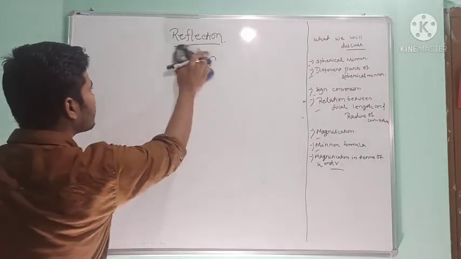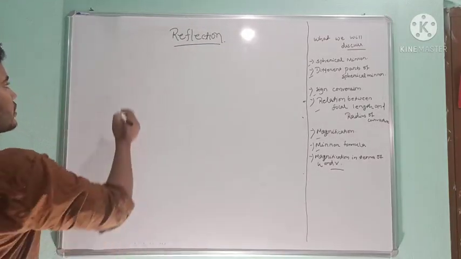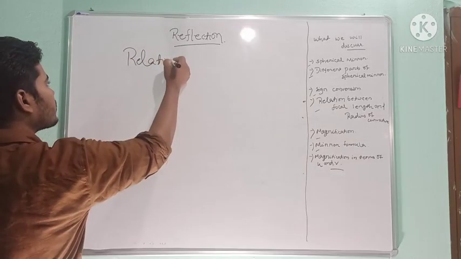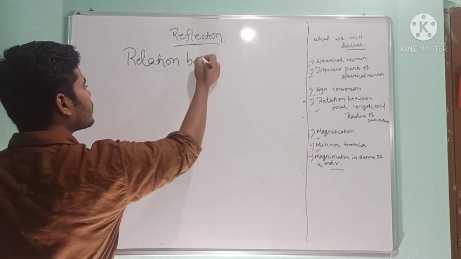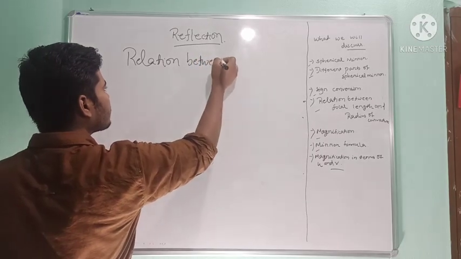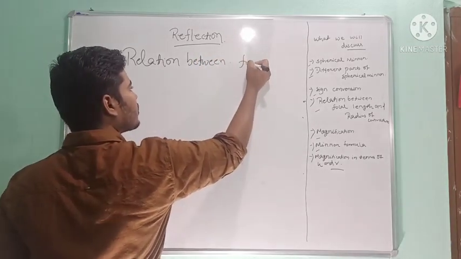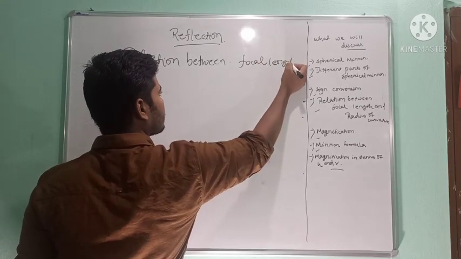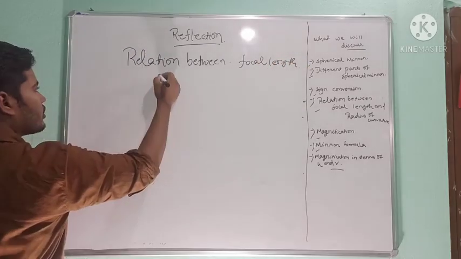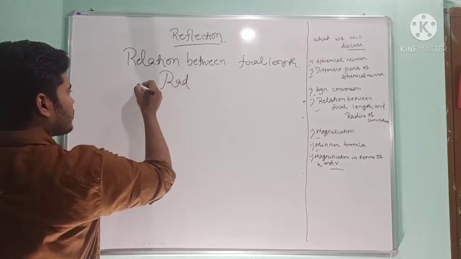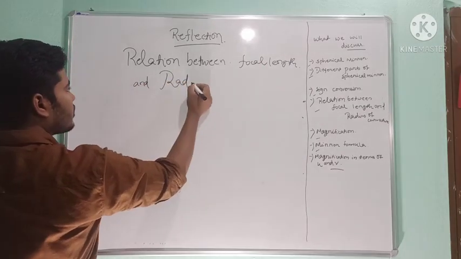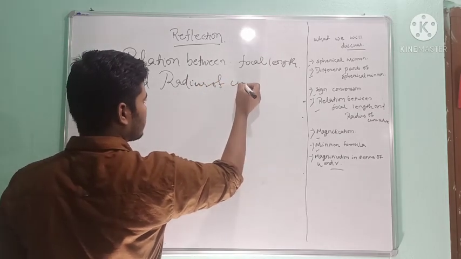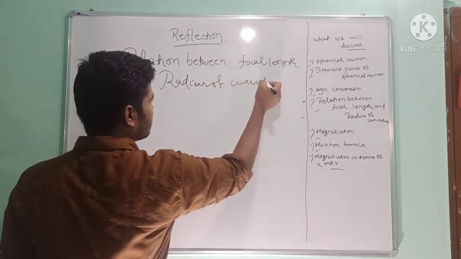Relation between focal length and radius of curvature.